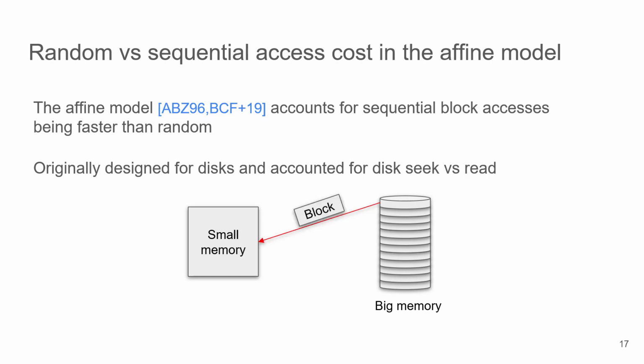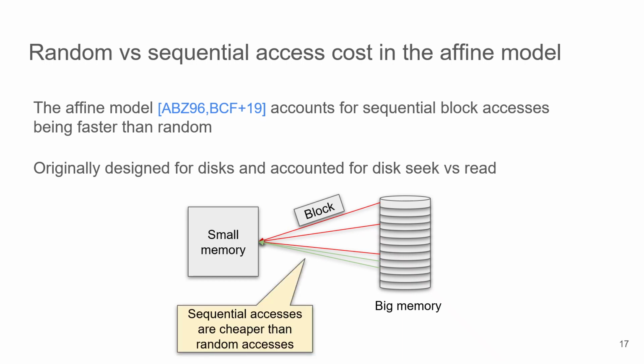As you're accessing the blocks, the first couple blocks are randomly spread out and will all have unit cost. However, after that, you will access these sequential memory blocks, and these will be cheaper to access. So we call this 3 plus 2 alpha, 3 for the random, and alpha as some number smaller than 1 that corresponds to how much cheaper it is to read the sequential block access versus the random.